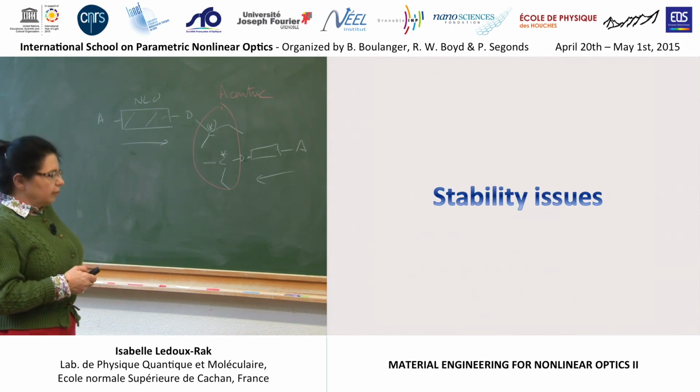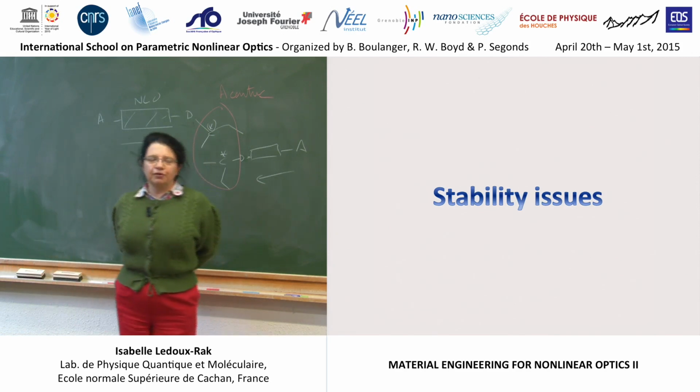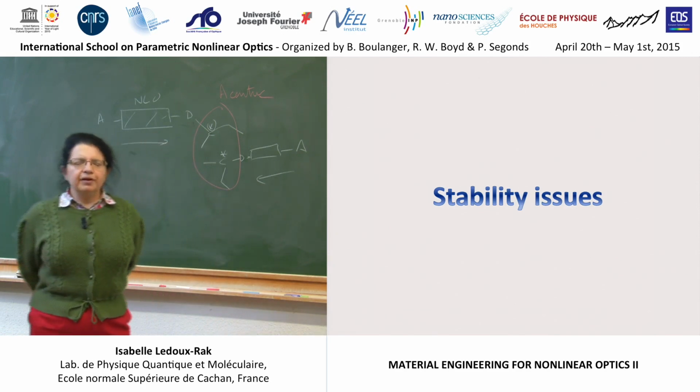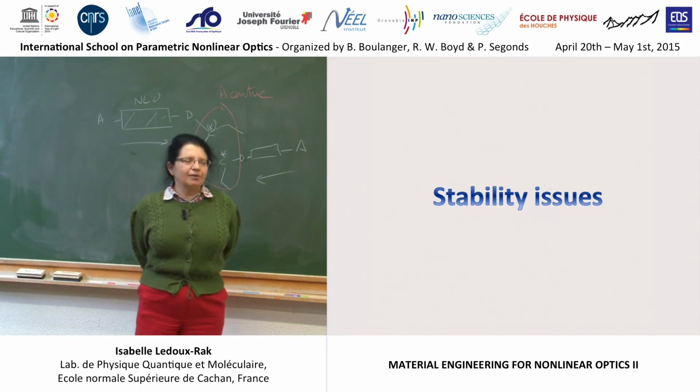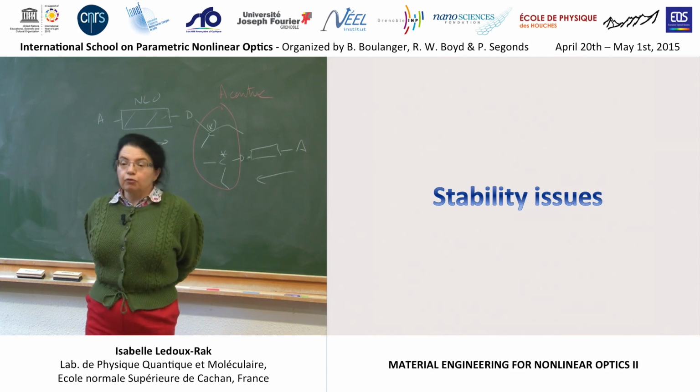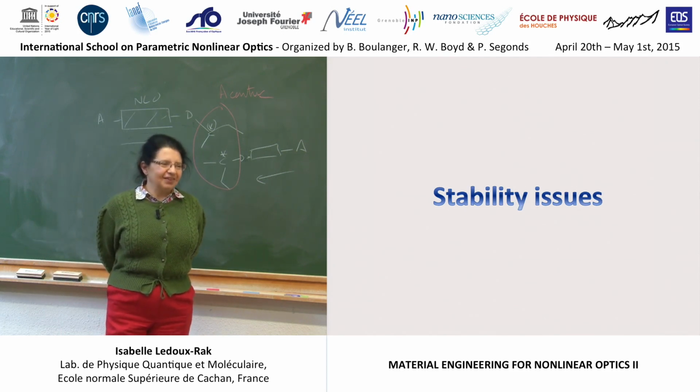The other question usually raised with organic molecules and polymers is: is your device as stable as lithium niobate or as semiconductor ones? This is really the idea that polymers are bad quality materials.